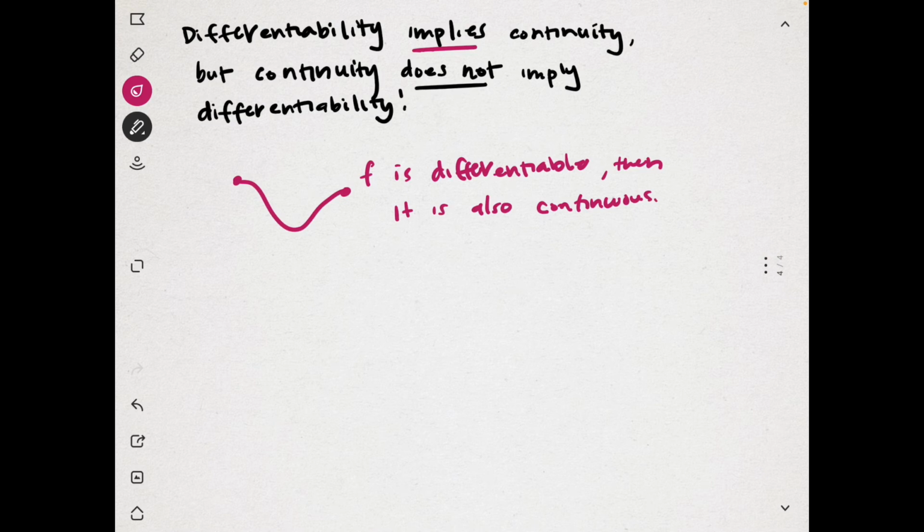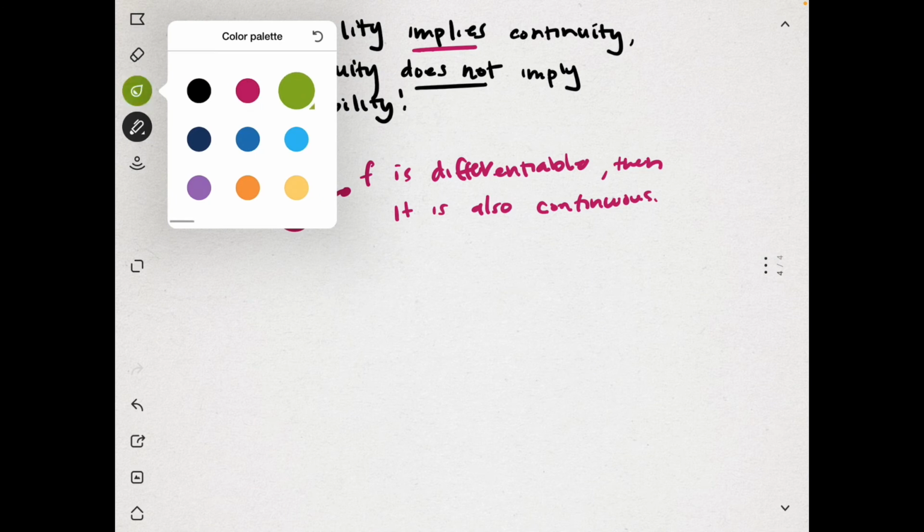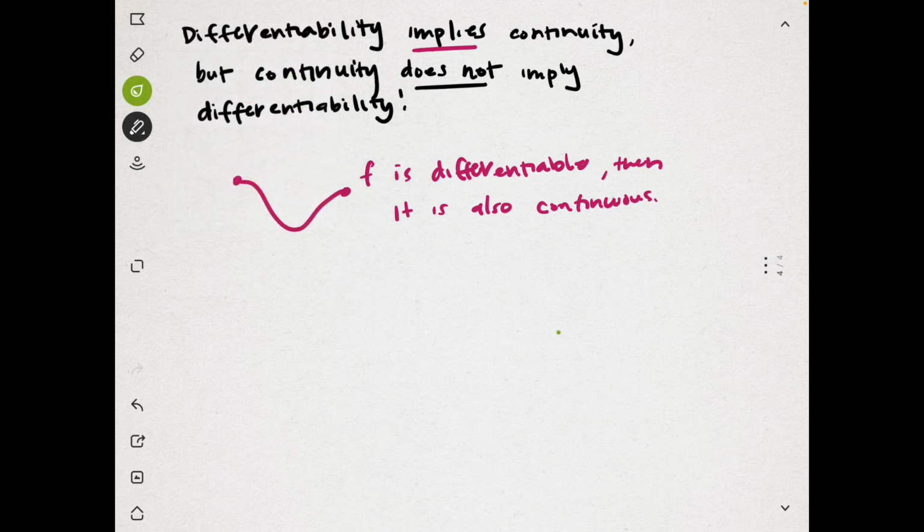Now, the opposite is not true. The converse is not true. The second part says continuity does not imply differentiability. So just because our graph is continuous does not mean that we can find the derivative at every single point on that graph. The easiest example would be the absolute value function. This is a continuous function.